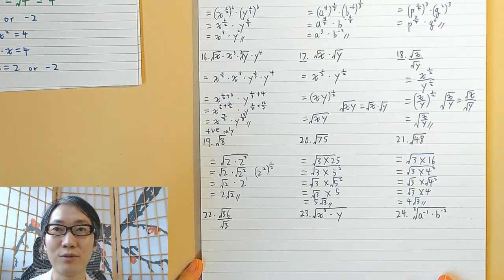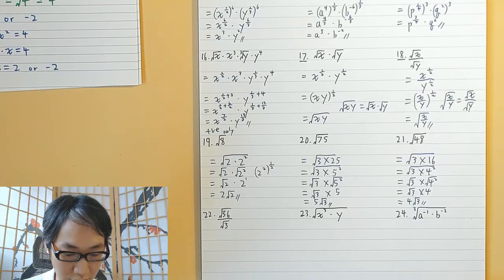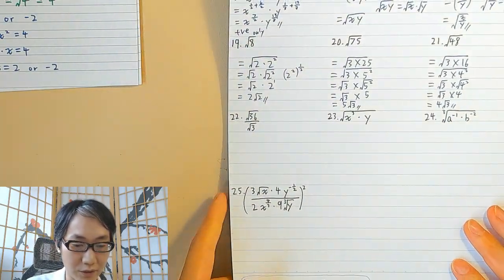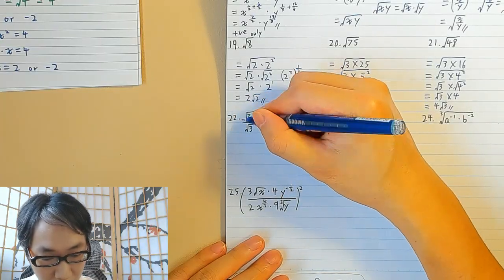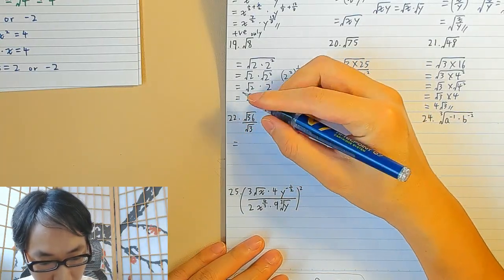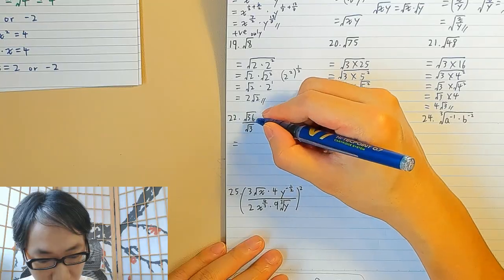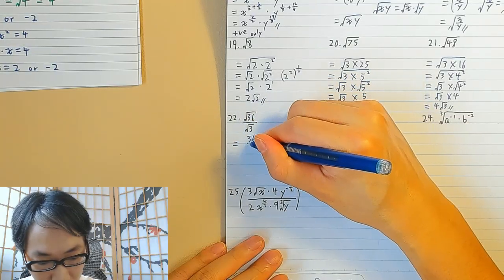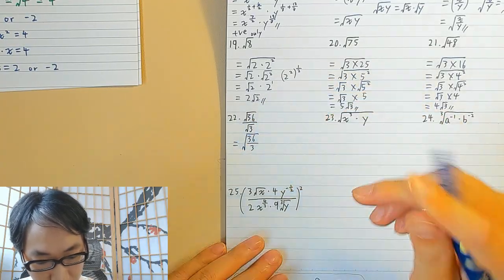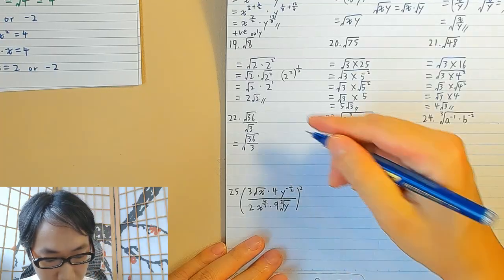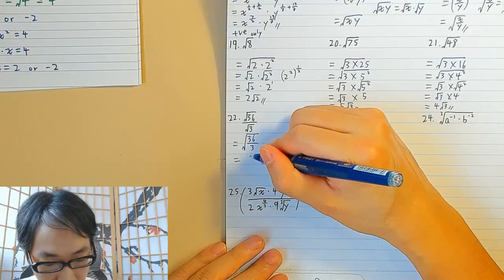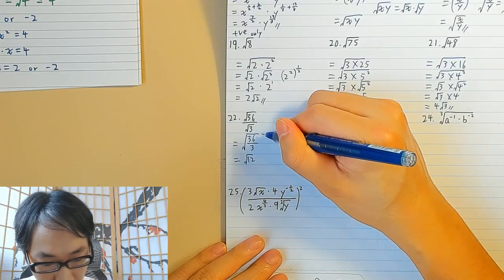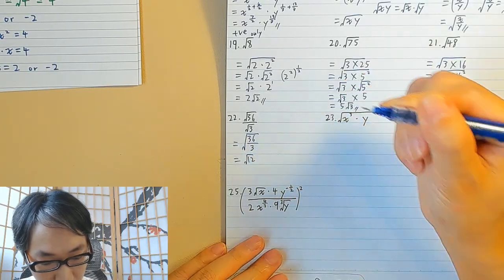And number 22. We have square root of 36 over square root of 3. So we can undistribute the surd. So 36 over 3. And we have the square root of, this is a 12. 36 over 3 is 12.